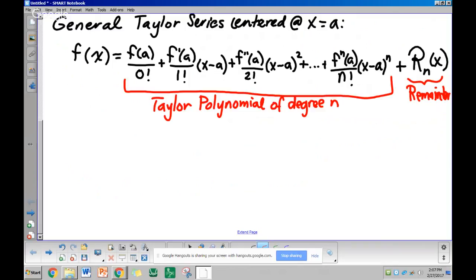Lagrange said that this remainder, this is the Lagrange error bound. It's going to lie between, which means I'm doing this, because remember, that's less than, which is between. What's the next term here?